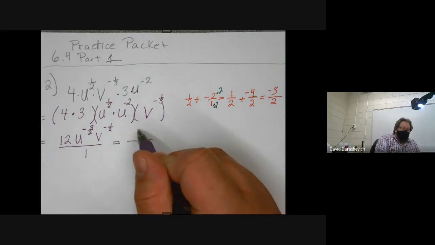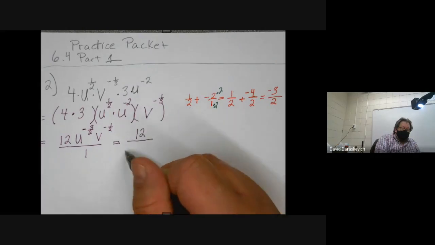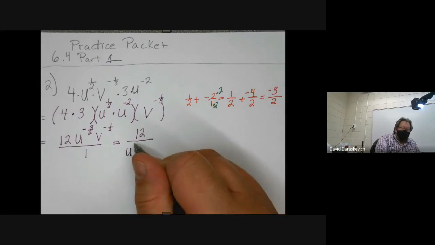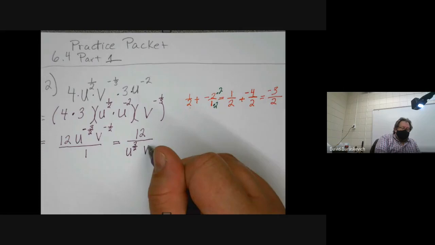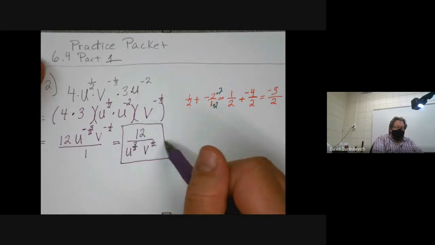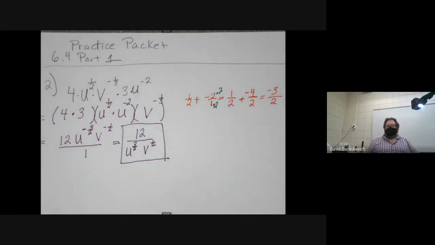I have 12. U goes in the bottom now with a positive 3/2. And the v goes in the bottom with a positive 1/3. And there's my answer. Okay. Any questions?